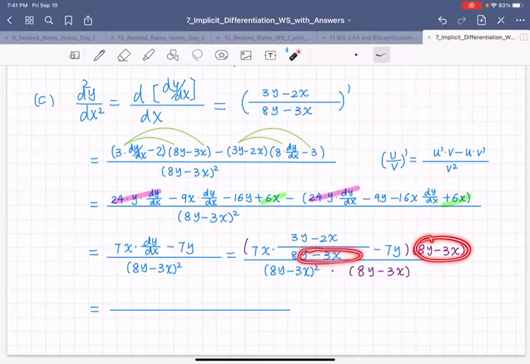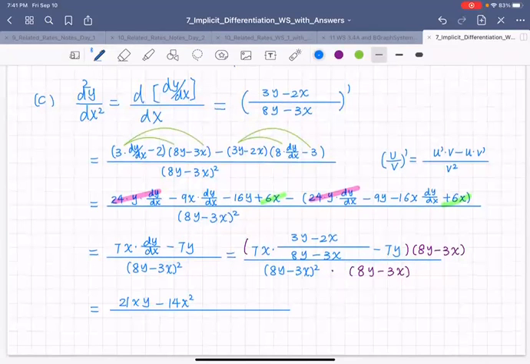So this equals this guy and this guy cancel, right? Mm-hmm. So this is 7x times 3y minus 2x. So that's 21xy minus 14x squared, correct? Yeah. And then minus 7y times 8y minus 3x. 56y squared plus 21xy over 8y minus 3x squared and then cube, right?